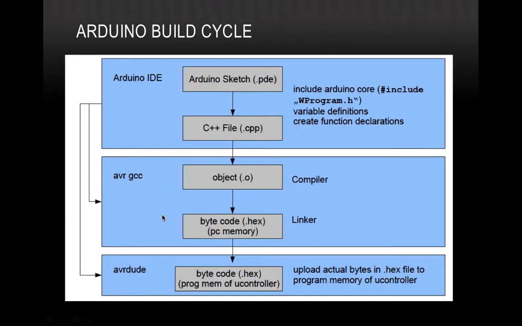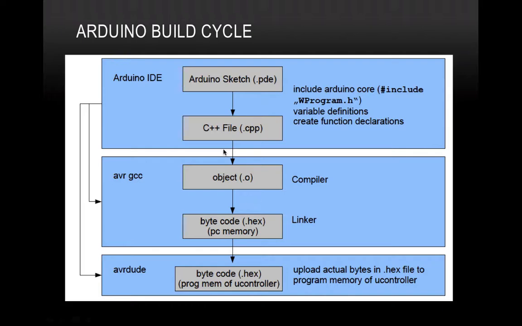As we said earlier, whenever we write in the Arduino programming language, we pretty much write a sketch, and the sketch has an extension called PDE. So in your Arduino IDE, where you write your sketch, it gets internally converted into C++ code, and this C++ code is cross-compiled with an AVR cross compiler, which is called AVR GCC, to create object codes.